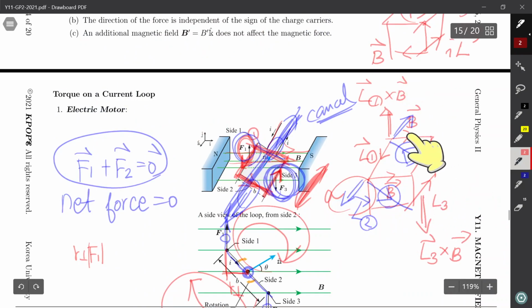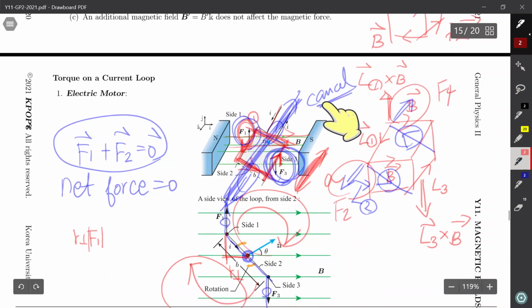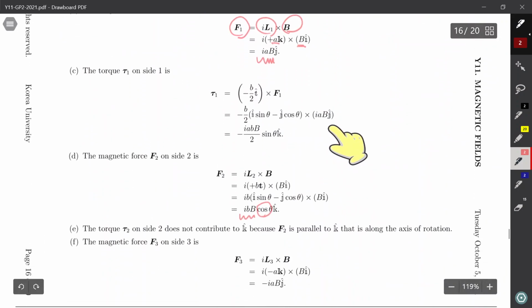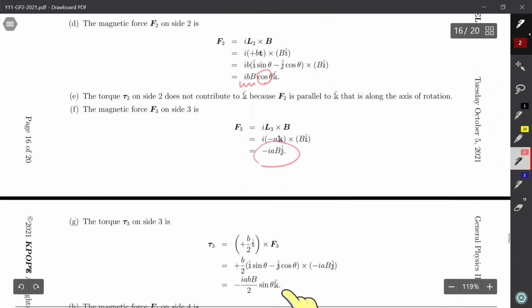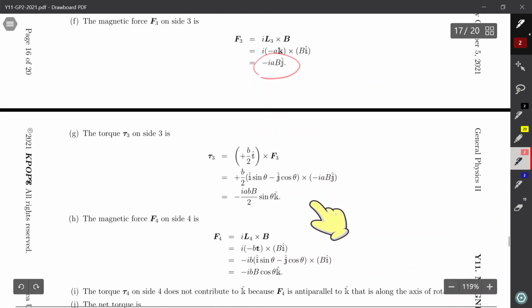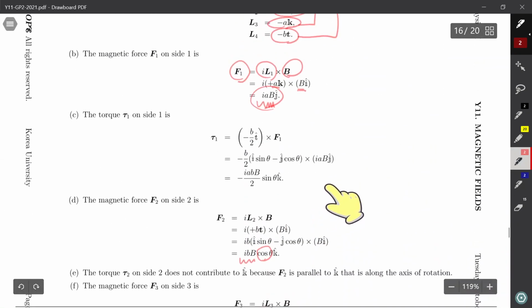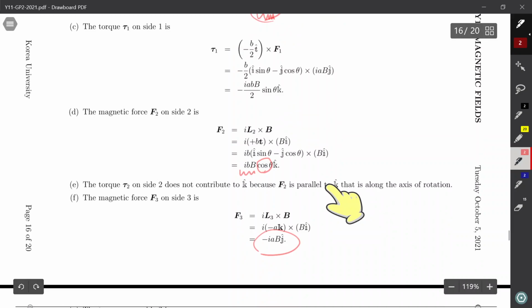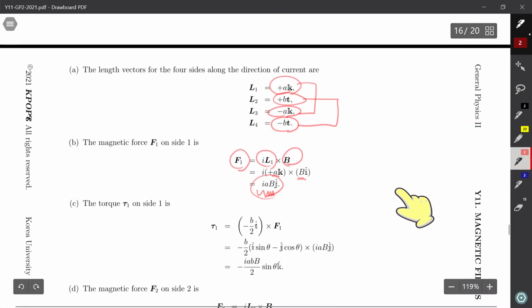These F2 and F4 cancel exactly. So F1 and F3 cancel as forces. The torque of 2 and 4 cancels too, but the torque of 1 and 3 does not cancel. They add up.